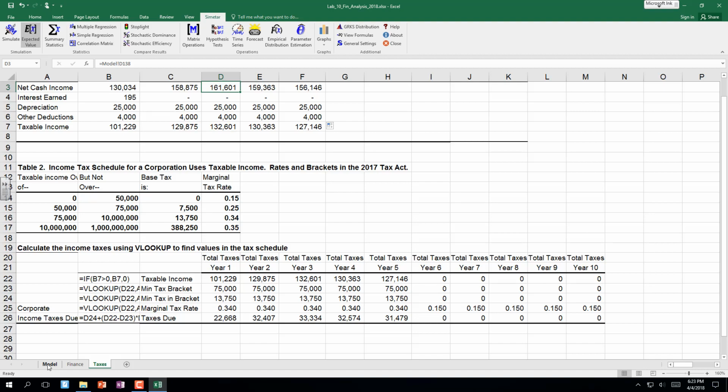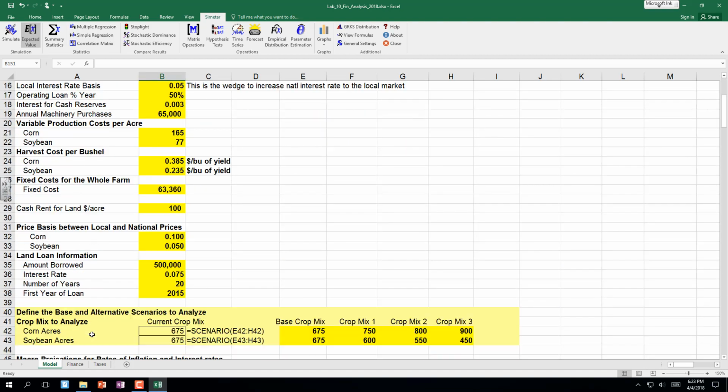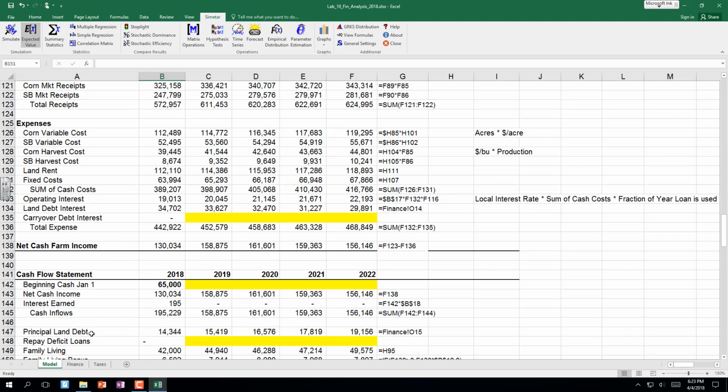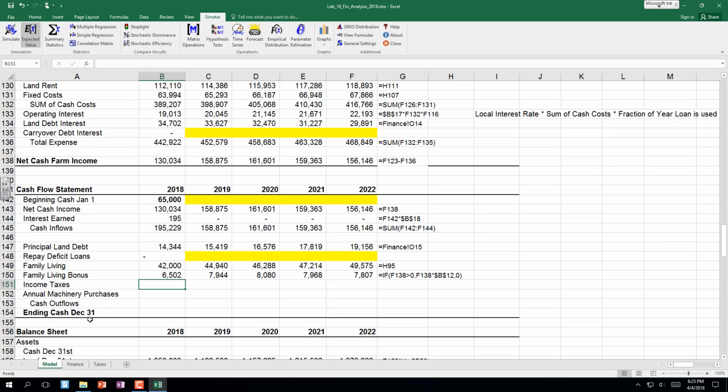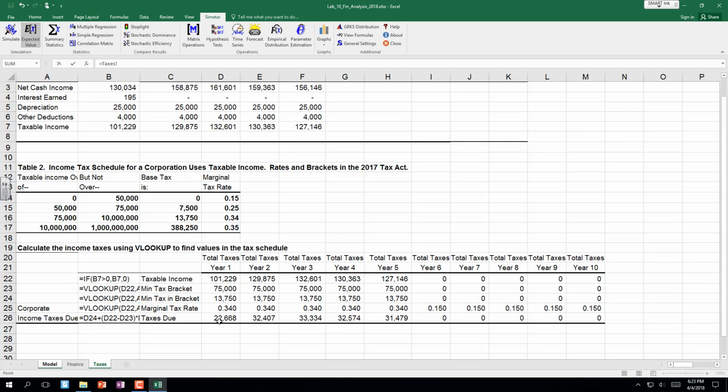Go back to your model, your cash flow statement. And it says income taxes. So we're just going to click equal, go back to the taxes worksheet, and get income taxes due on row 26, okay, in year 1.